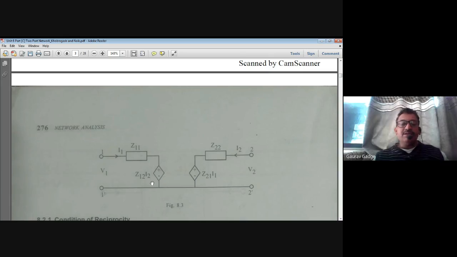So this particular symbol is representing the dependent voltage source. This dependent voltage source has a value of Z12 I2. Similarly, on this side, Z21 I1 is dependent voltage source of the secondary side. And Z11, Z22 are the driving point impedance of input and output port.